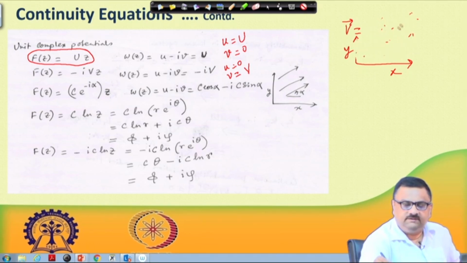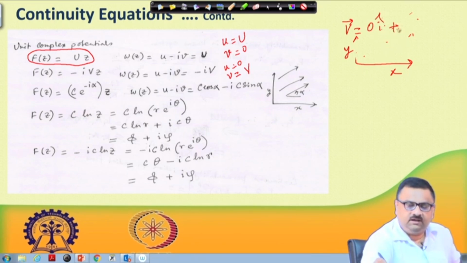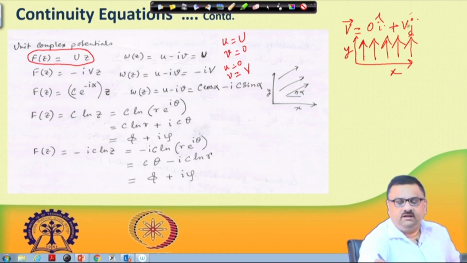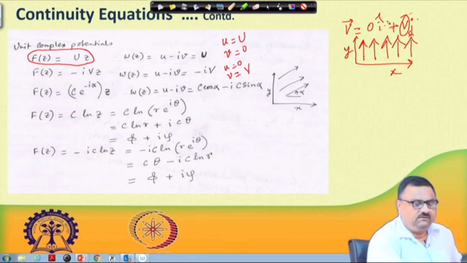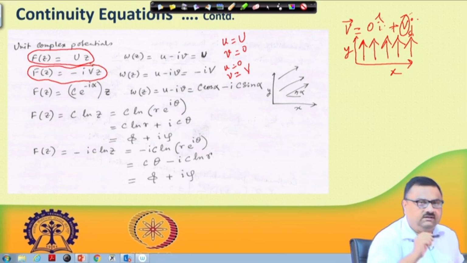The velocity is 0 i hat plus V j hat, and the fluid flow that we are talking about is velocity in y direction, uniform with the value V. So, this is the next elemental flow, which is the flow in y direction.